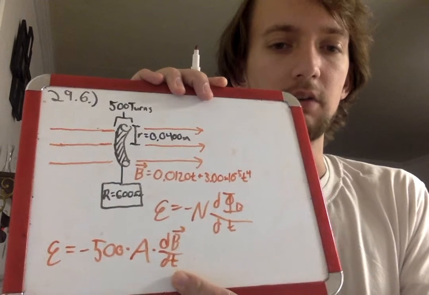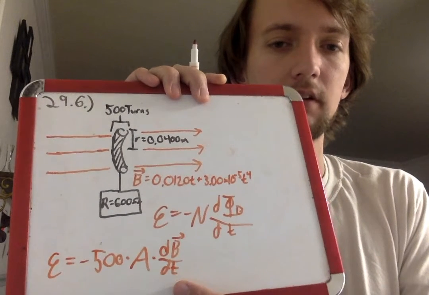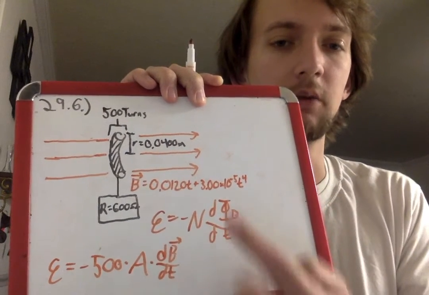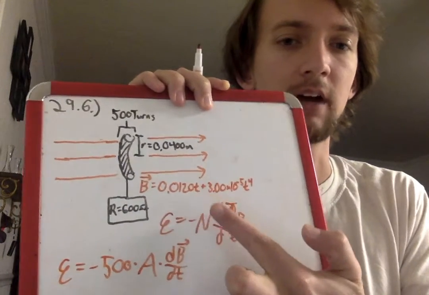And so we just need to find the derivative of our magnetic field, which conveniently we're in terms of time up here already. So we just derived this to be our negative N times A times 0.012 plus 1.2 times 10 to the negative fourth t cubed.